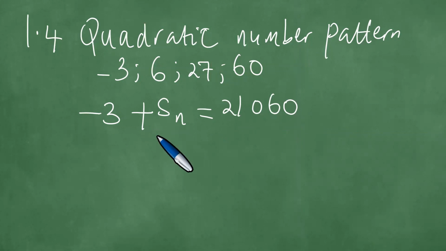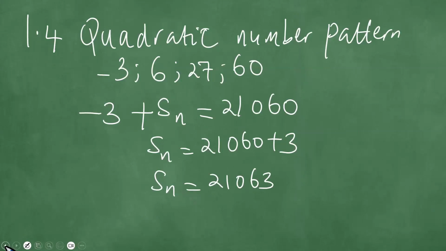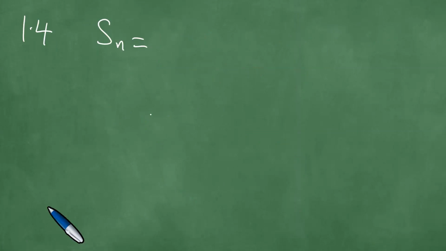So because of this, we remember the terms that we added. What is this Sn from our question? So we know what Sn is from our question. Also we can move the -3 to the other side so that it becomes plus 3. Therefore, Sn equals 21,060 plus 3. So now for 1.4, Sn equals 21063.